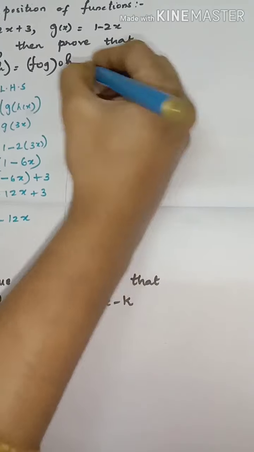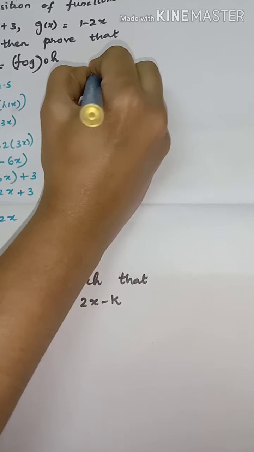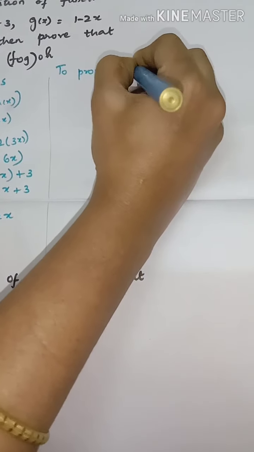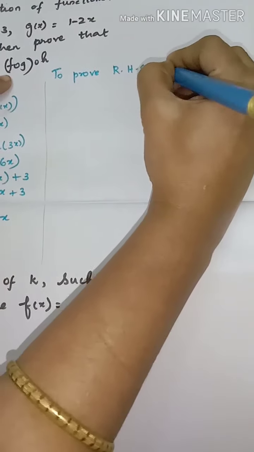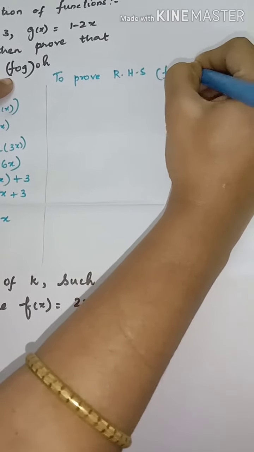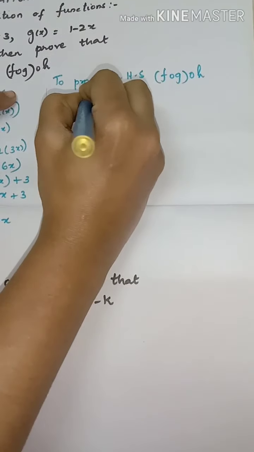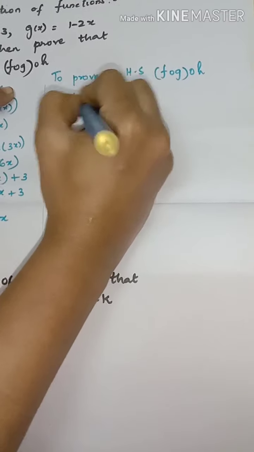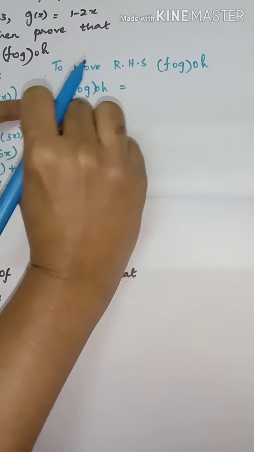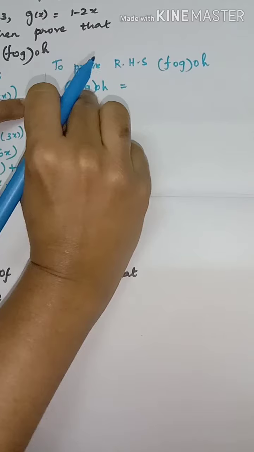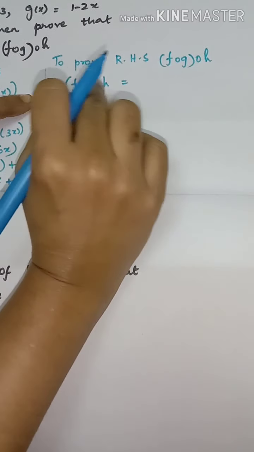In the same way I am going to prove the RHS. What is the RHS given? (f∘g)∘h. This can be written as, within the bracket, f∘g. What is in the bracket should be taken first.